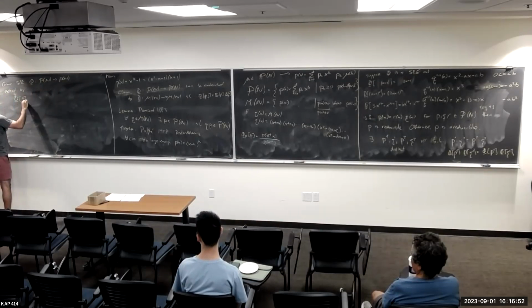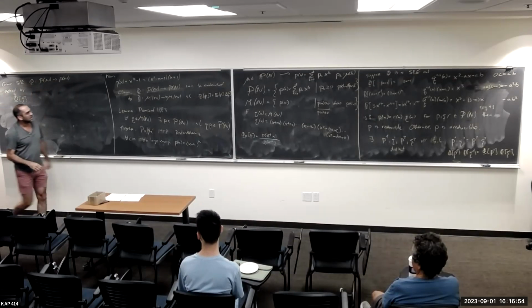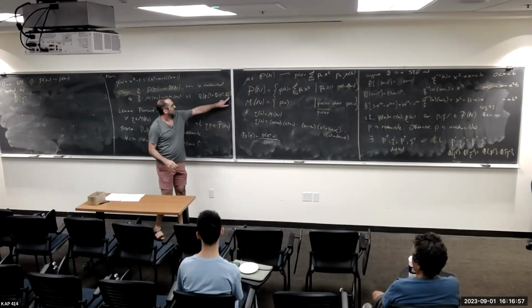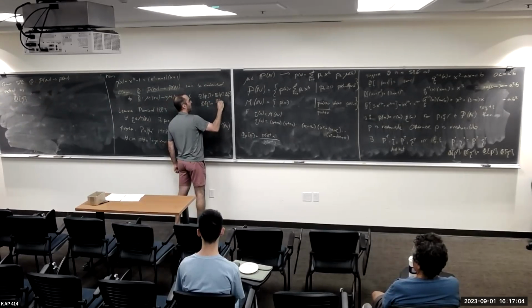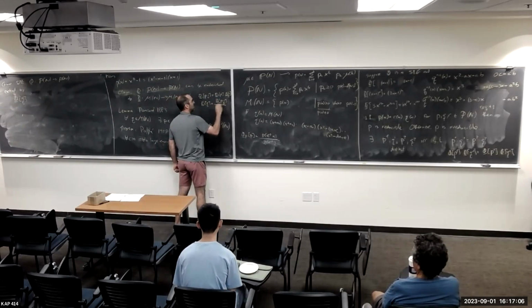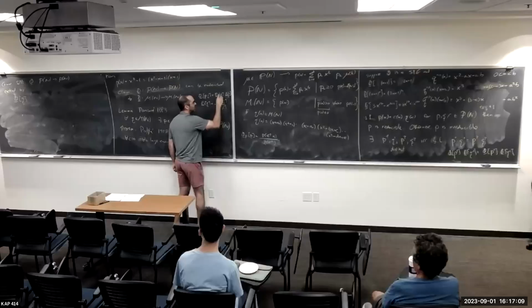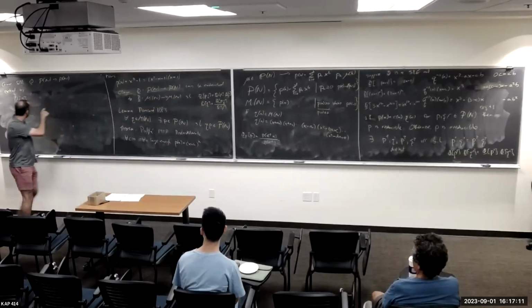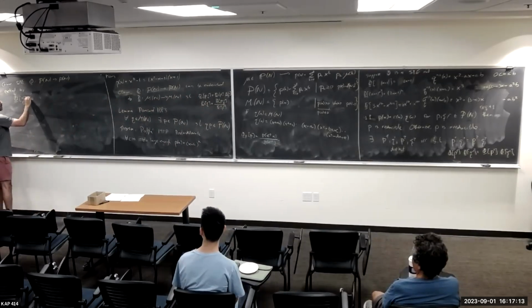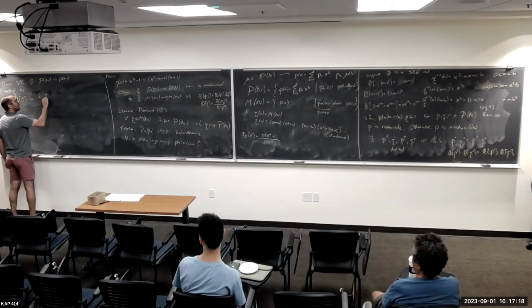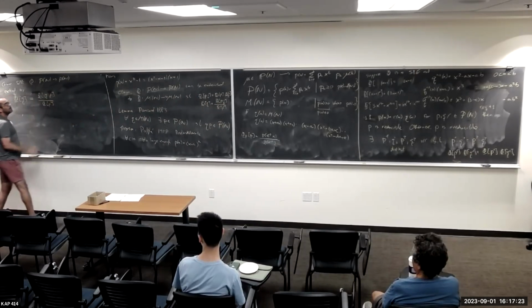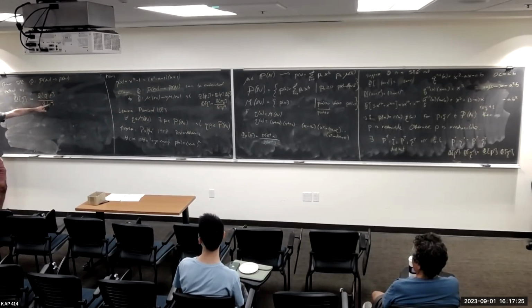What should I define phi of q to be? I wanted to satisfy this. Let me write this a different way. I want phi of q to be phi of pq divided by phi of p. So let's just put that in the definition. I'm going to define this to be phi of q times p divided by phi of p. But where I choose p now using this lemma.